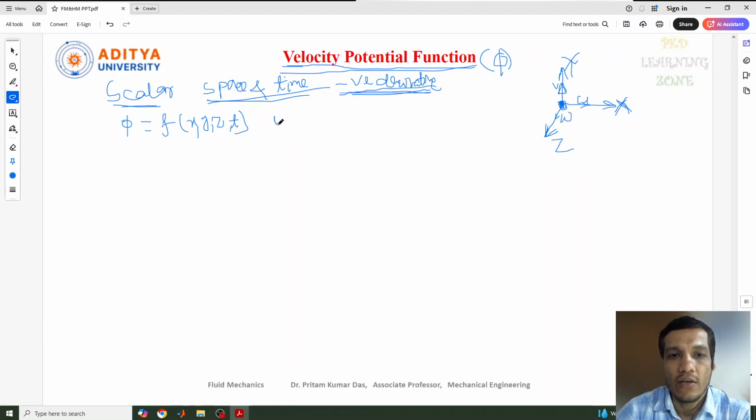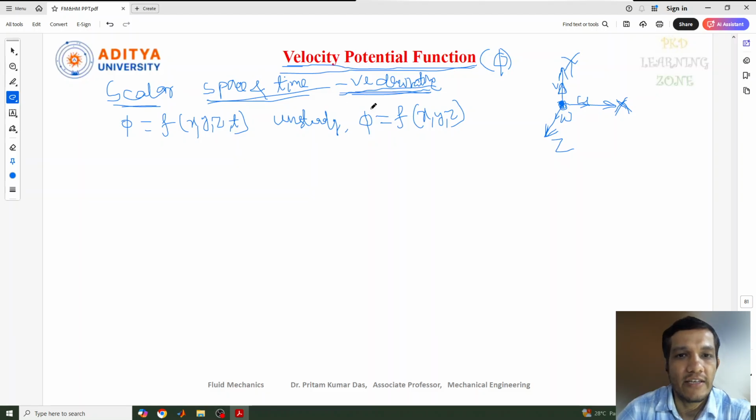This condition applies only for unsteady flow. When the flow is unsteady, we can consider this function. For the steady condition, we need to consider only a function of x, y, z. There will be no time in that case.